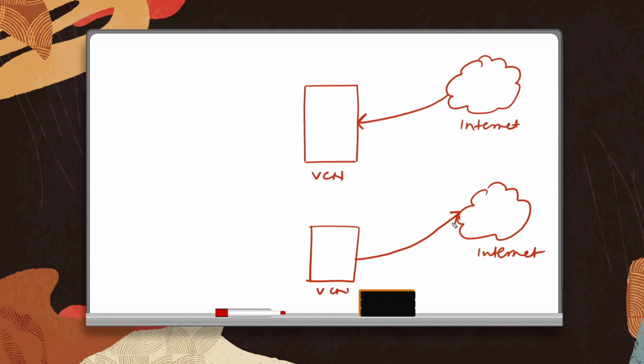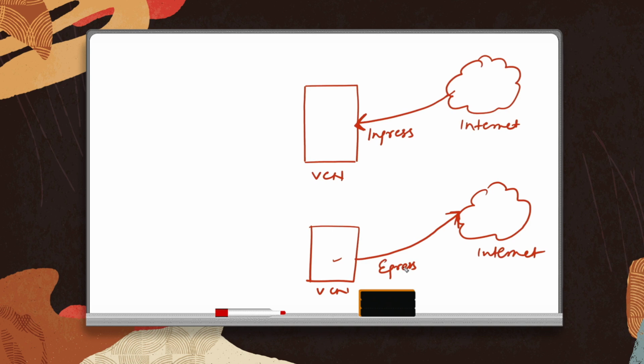First of all, you need to understand that if the direction of the arrow is pointed towards VCN, that means traffic from internet to VCN, then we basically call it ingress traffic. Typically, it's ingress to VCN. And if the traffic is flowing out from VCN to internet, we call it egress.